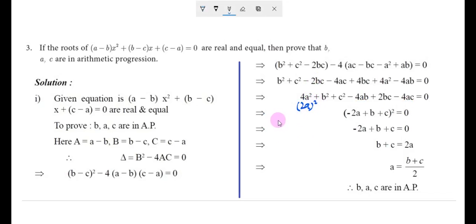Am I right? So 2a, here b, there c. Wherever a comes with b and c, it has minus, so minus 4ab and minus 4ac. The remaining term bc has plus. So we write (2a minus b minus c) the whole square equal to 0. I repeat, 4a square means (2a) the whole square, and then b and c. We should apply the signs, wherever minus will come and wherever plus will come. Let us check now.